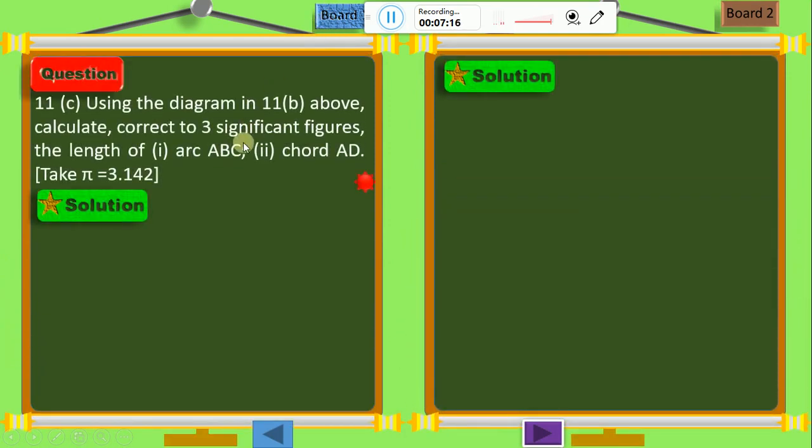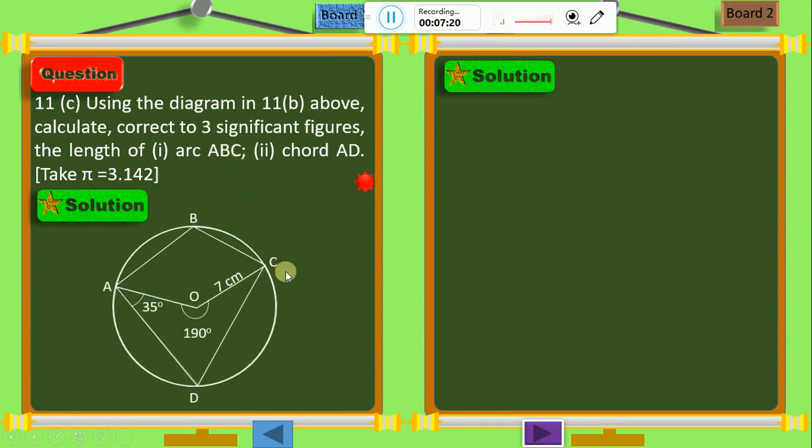So that's also the question. Then that's the sketch because we are using the diagram in 11B. Then we are going to mark the arc ABC. That's the arc ABC in red. You can see the sector that has that arc.